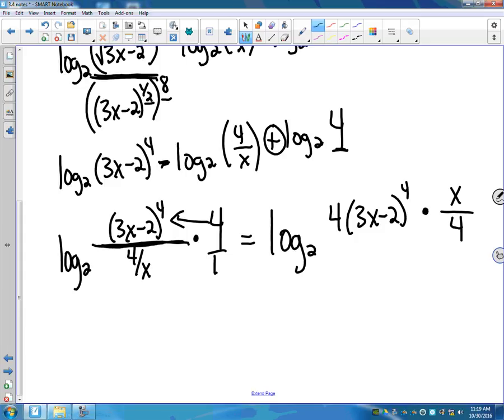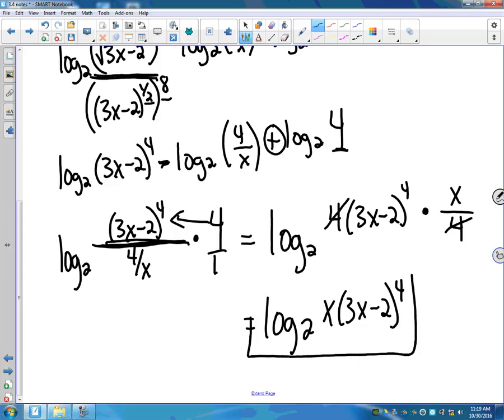Right? So this is my division, multiply by the reciprocal. And so now I could cross these 4's out. And I think the best answer here is, well, where do you want to put the x? I'll put it in front. x times 3x minus 2 to the 4th.